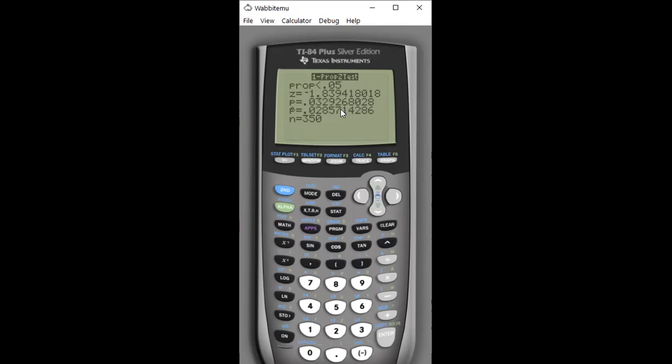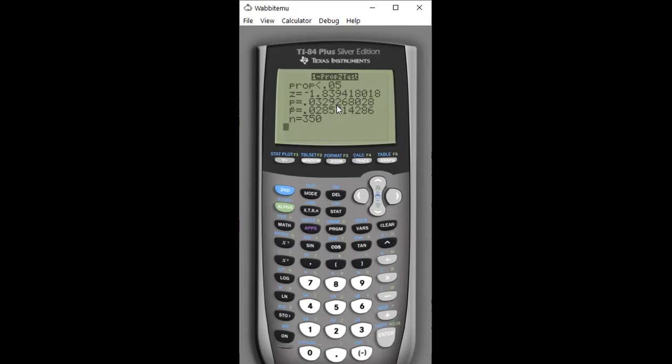So what is this piece here, right? This is the p, the pointer 0.032926. What is this piece here? This is what we call the p-value.